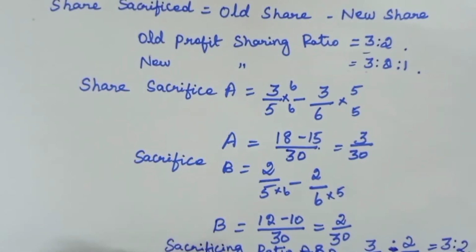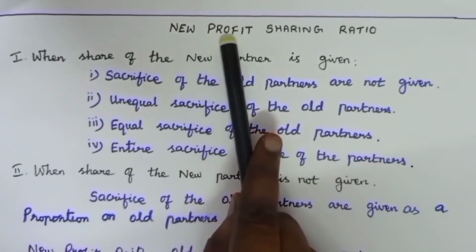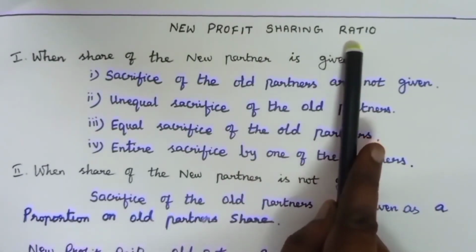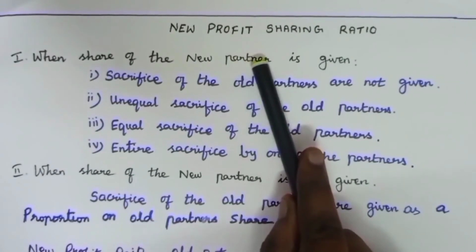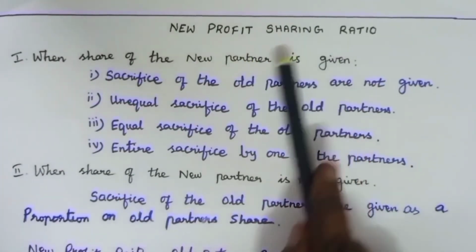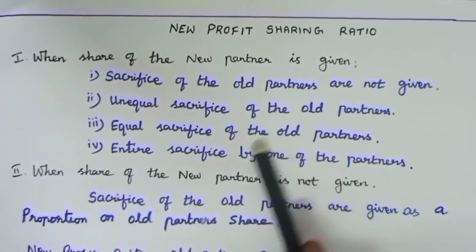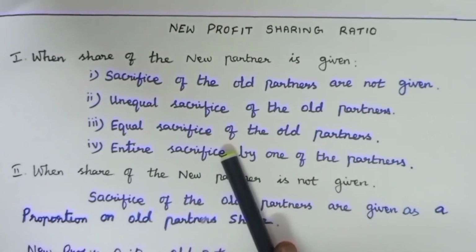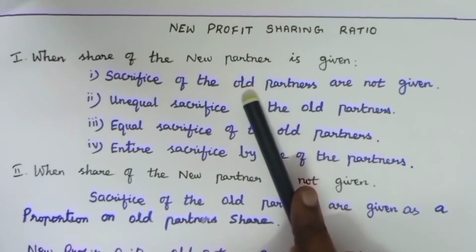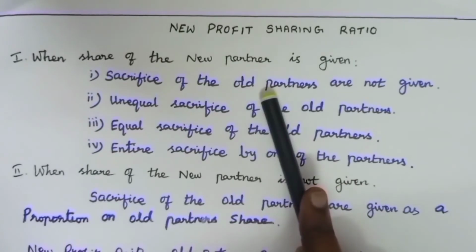Okay. So now we have discussed what is new profit sharing ratio and sacrificing ratio. Now we will see how to calculate new profit sharing ratio. There are different situations for the calculation of new profit sharing ratio. We have to identify the information given in the problem.